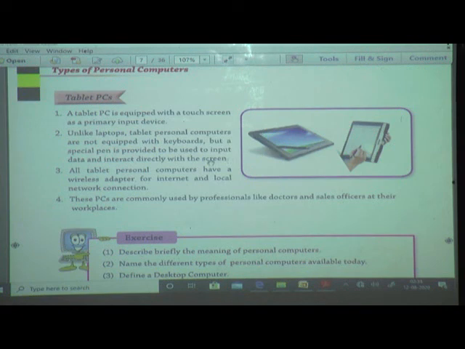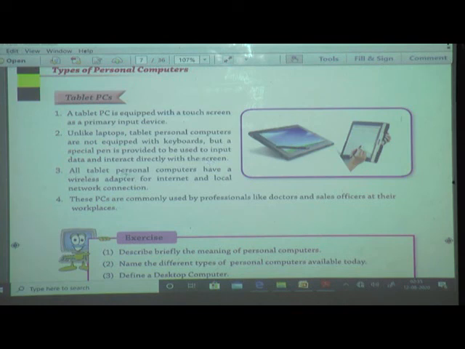Means if I want to operate a laptop, then I must use the what? Keyboard, mouse. But if I use the tablet, then, as you just saw, by using a pen. It has a special pen, not our writing pen, and by using that pen we can operate the tablet PC.